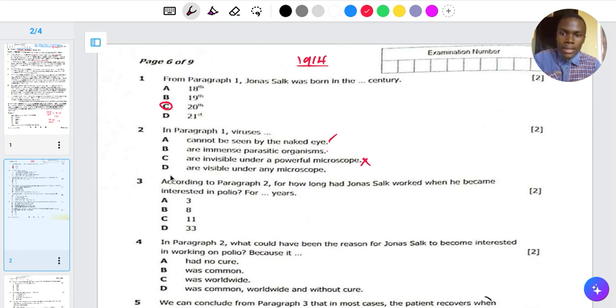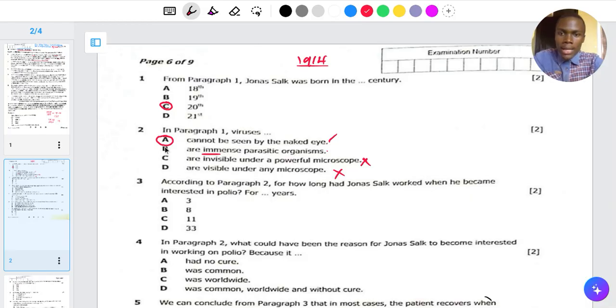So even this one is not going to be the answer. The only word which is making this one not the answer is immense, unless it was just a parasitic organism. So that is one thing that you need to know. Meaning our answer here is just going to be A. So we need to get the meaning from the paragraph.